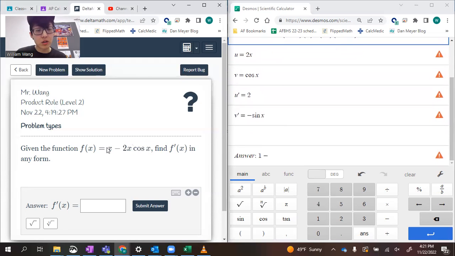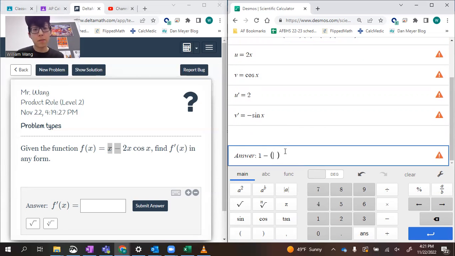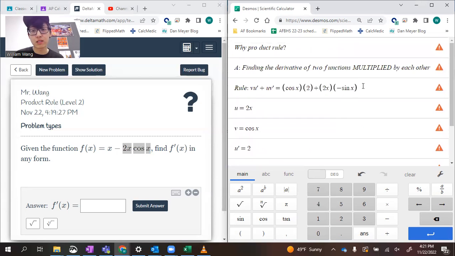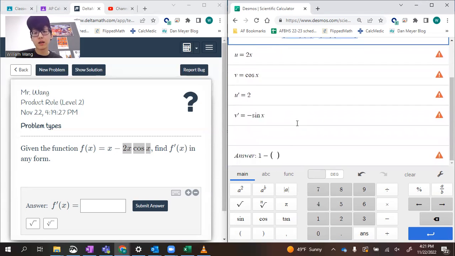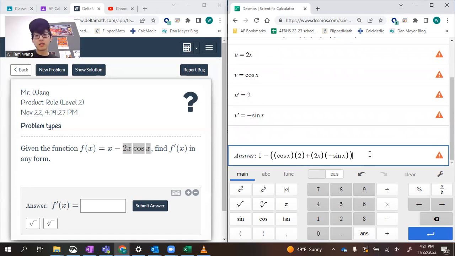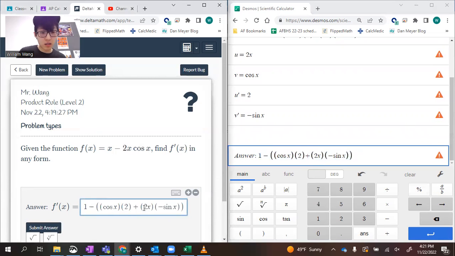So my answer is actually, my derivative is 1 minus, and let's put the derivative of 2x cosine of x into this parentheses. So I'm going to copy and paste this, stick it in my parentheses. This is my derivative. I start off again with 1 minus, and then I do product rule for the second part, right? So let's take this, copy and paste it.